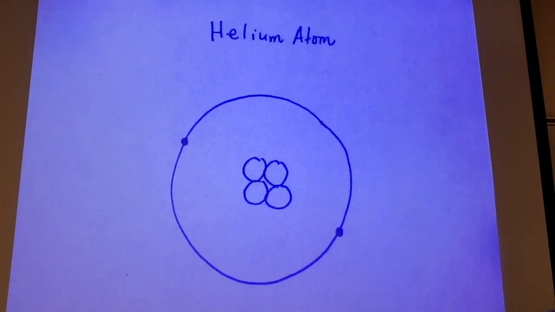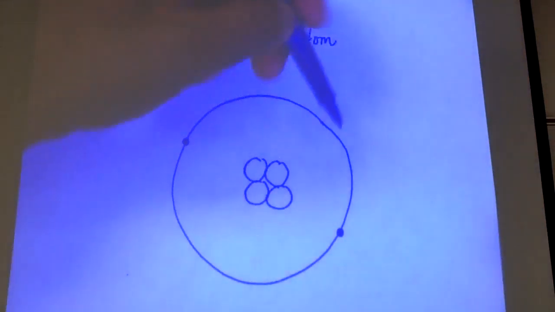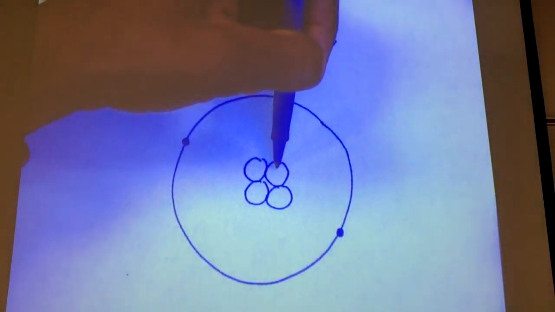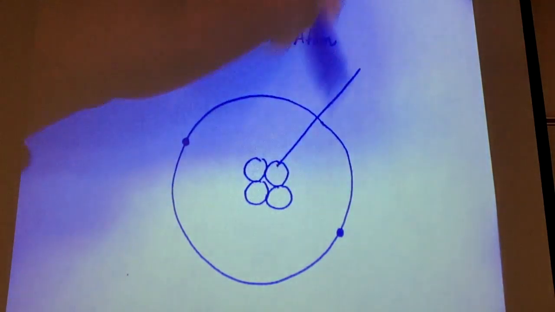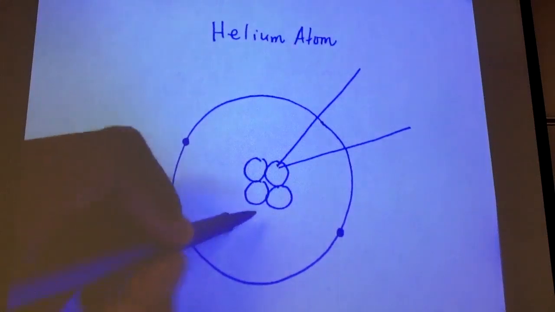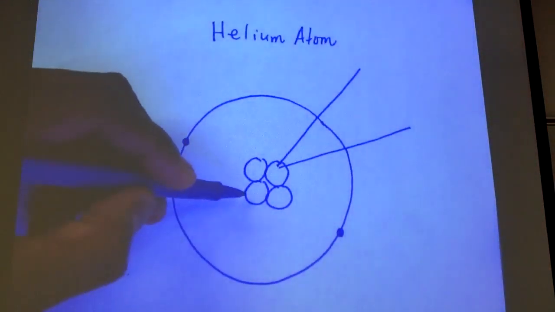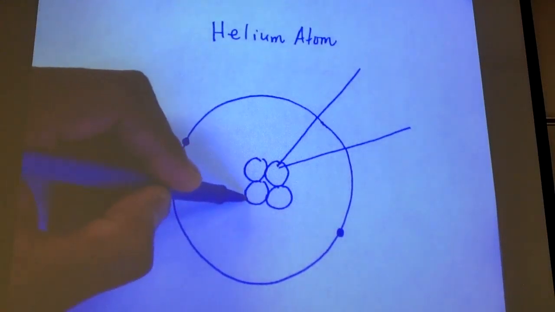Go ahead and take a minute and do that now. And I also want you to label, I'm going to blow up one of these. I also want you to label what's inside of a proton and what's inside of a neutron.